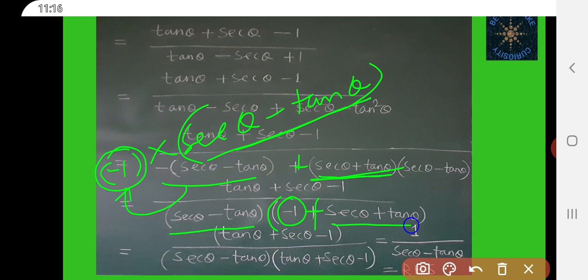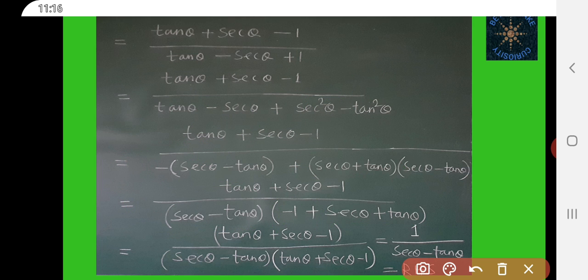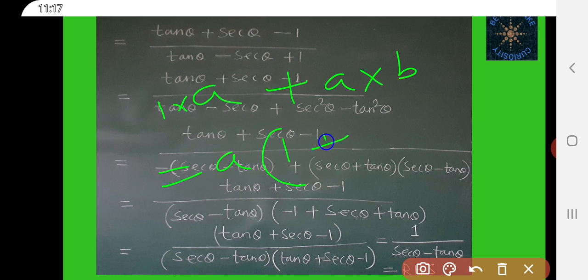You know the distributive property, a plus a into b: you can take a common, here nothing is there, which means 1 is there, so a into (1 plus b).